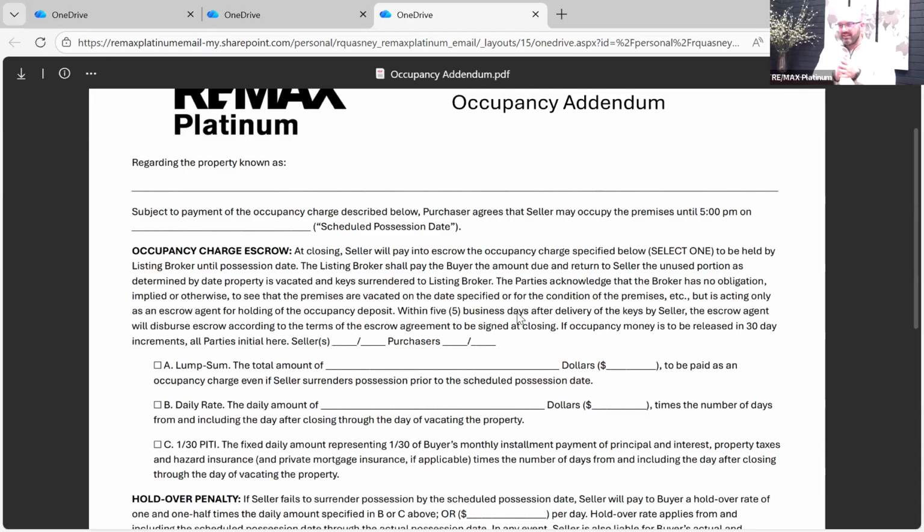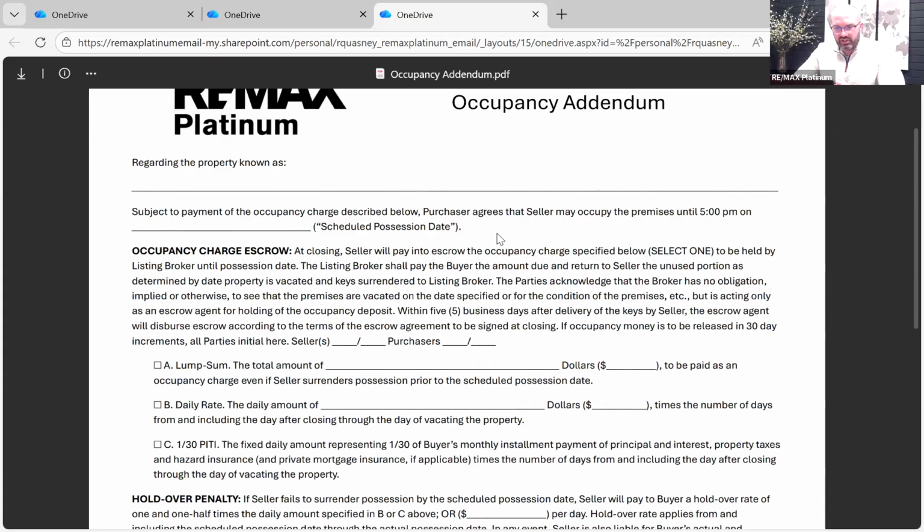If instead the occupancy addendum is kind of fluid, to go with whatever date of closing, then it's less likely to need an addendum to this addendum, basically, is my thought. But that's me. There's no right or wrong. But I think it's important that either option is allowable in the occupancy addendum, which it is.